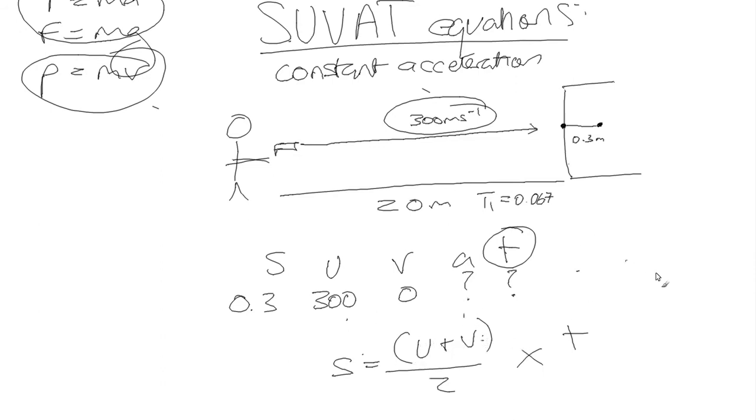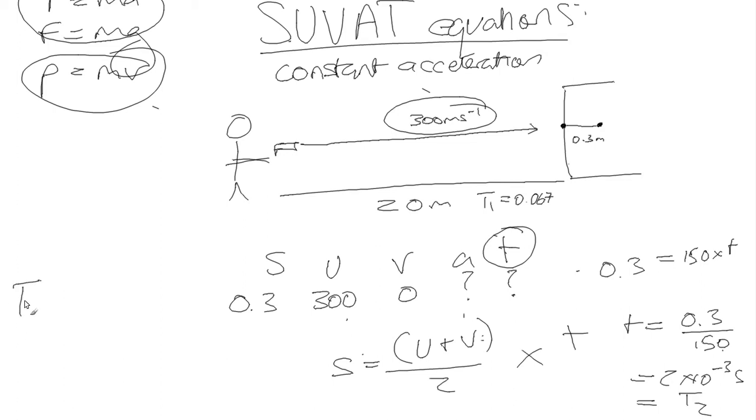So basically S, 0.3, is equal to 300 over 2, which is 150, times T. Therefore the time taken for it to come to a halt would be 0.3 over 150, which gives us 2 times 10 to the minus 3 seconds. This is time 2.